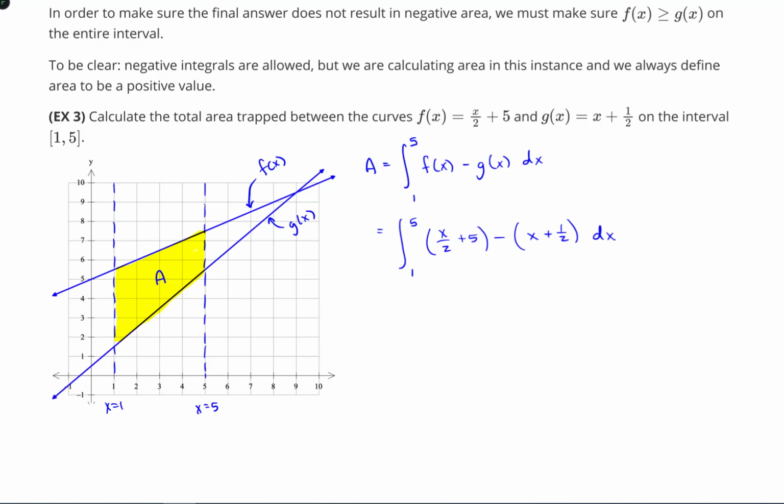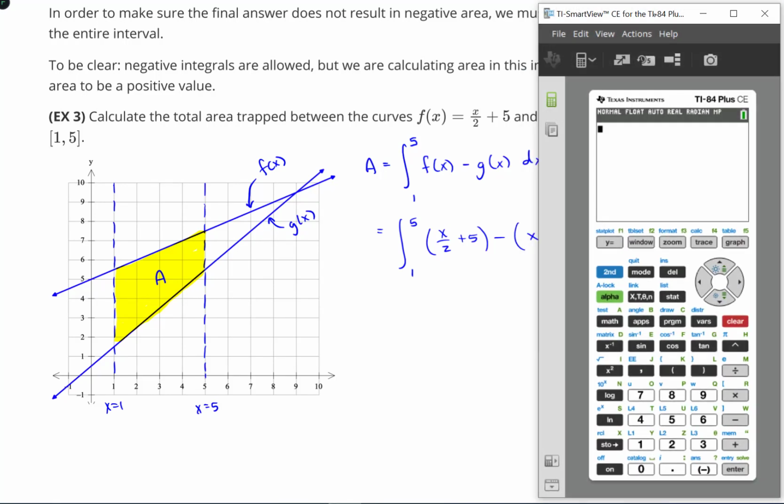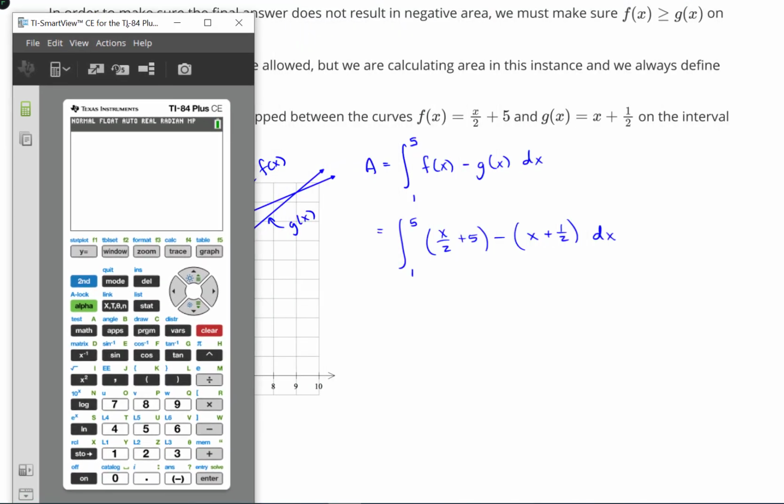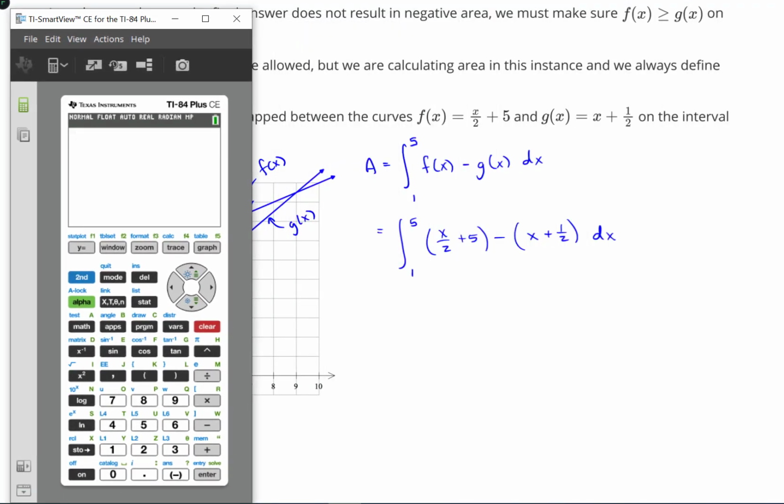All right, now, as we have learned, you can use fnInt in order to help speed up these calculations. So if you want to grab your calculator at this point, it might be useful for you to do a little bit of simplification, because there are some things you could run into. So for instance, let me show you.